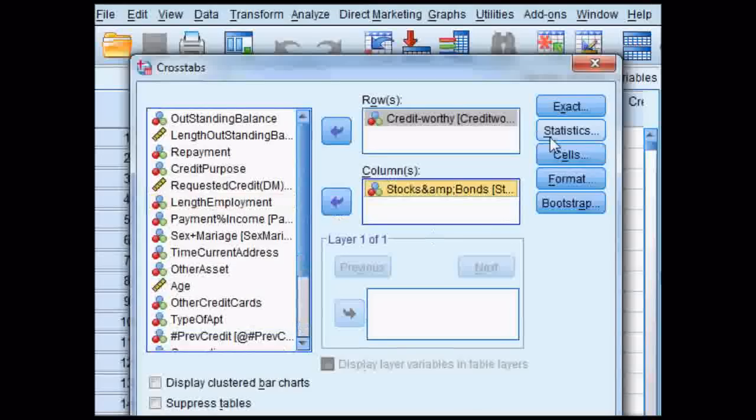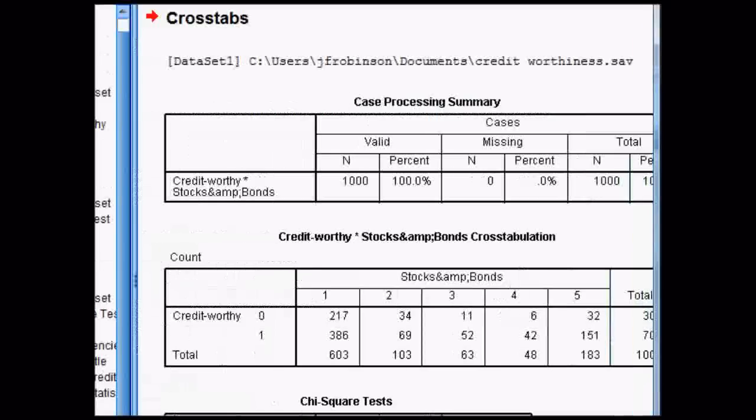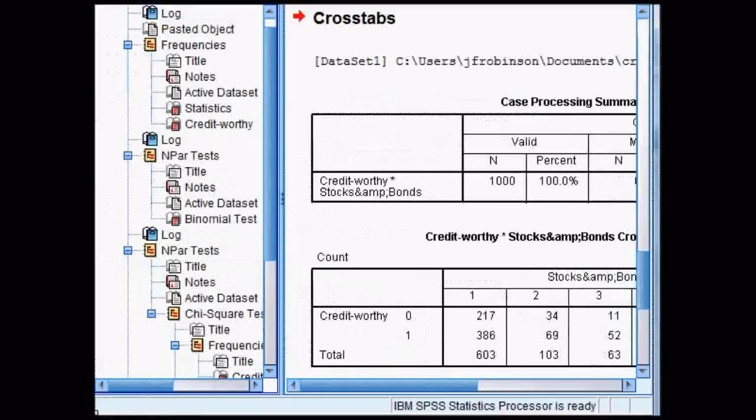I'll click statistics and make sure we're getting our chi-square and our Cramer's V. And I will click OK. Let me resize this so we've got some output here.